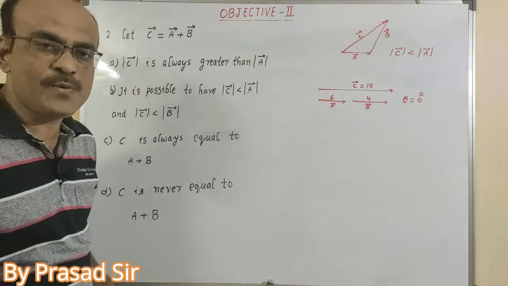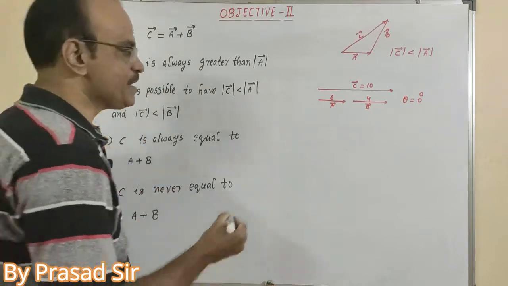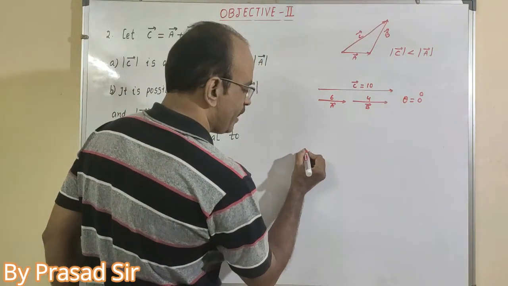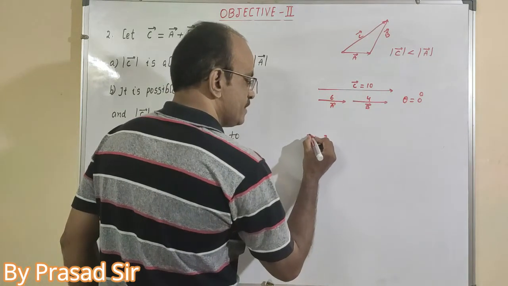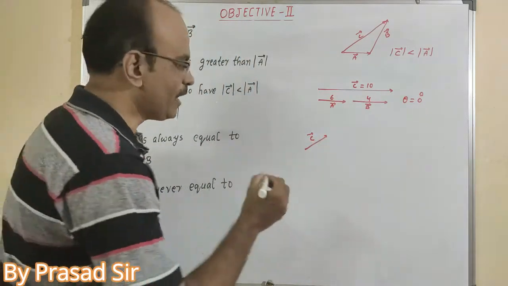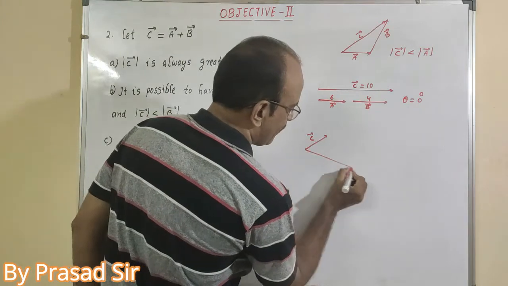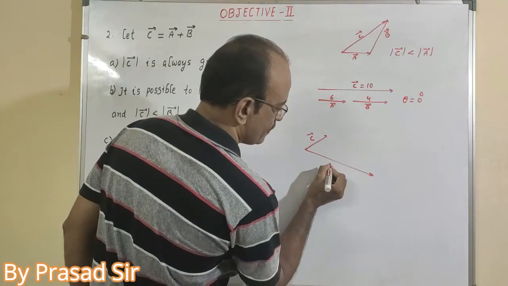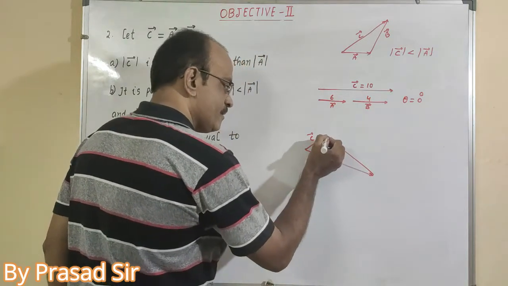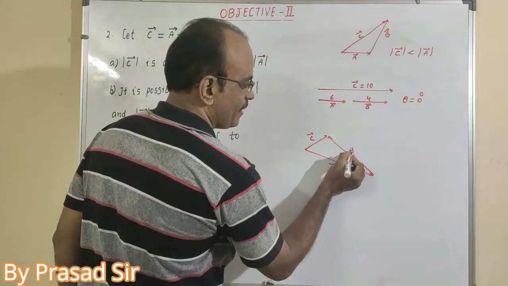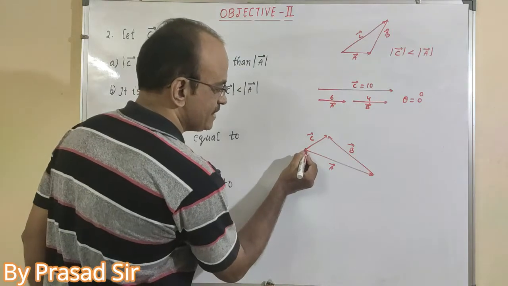Now we will check which one? B. Observe here. First of all, I am taking the C vector like this. Then I will take the A vector, and afterwards I am taking another vector B like this, joined at the tail.